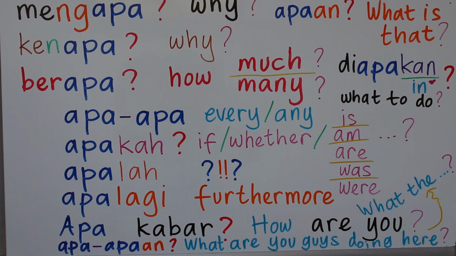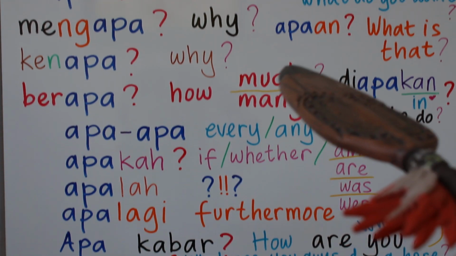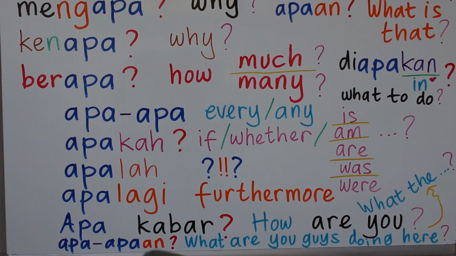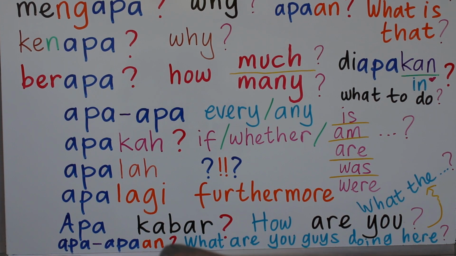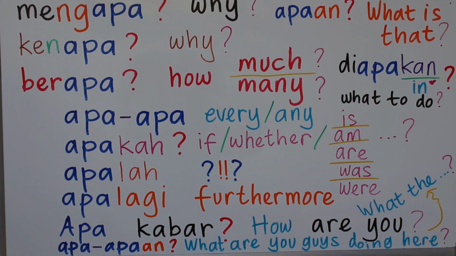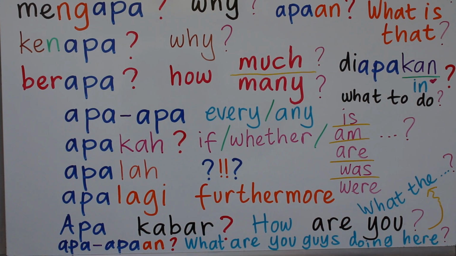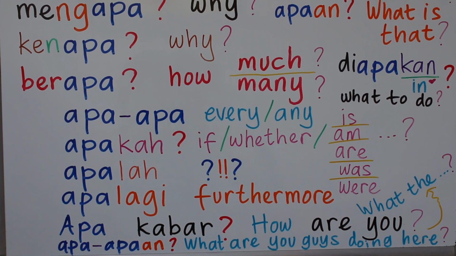And this, the apaan, but we repeat the apa and we add the suffix an here. Apa-apaan. The polite way is to say, what are you guys doing here? In English, what are you guys doing here?